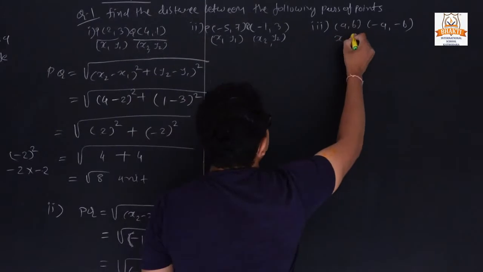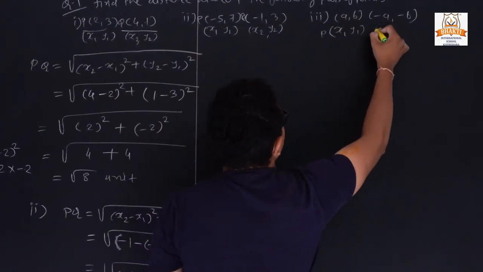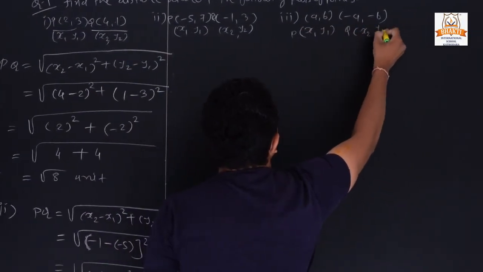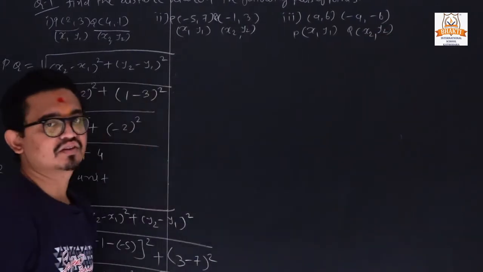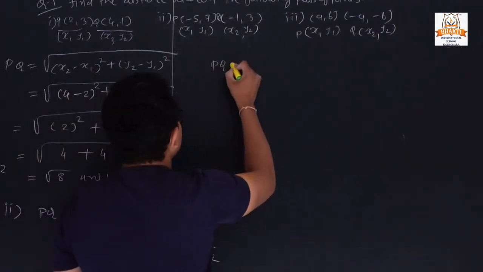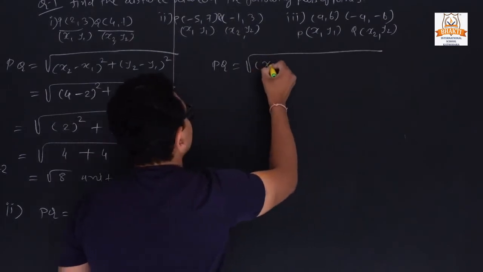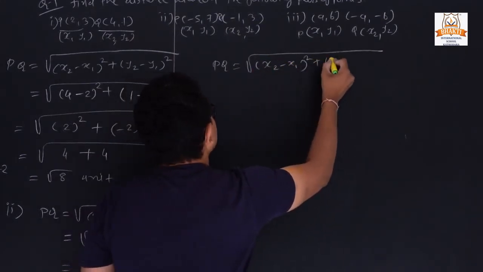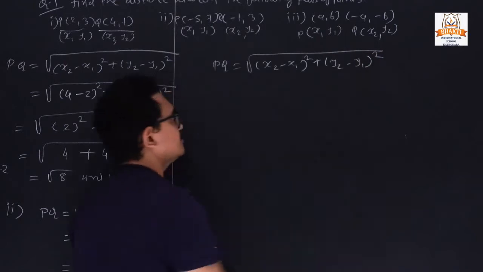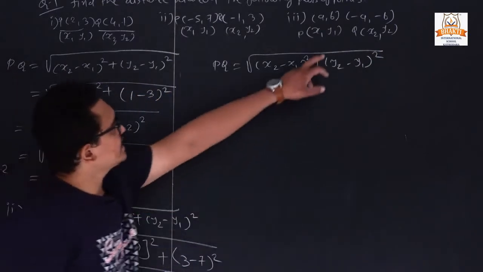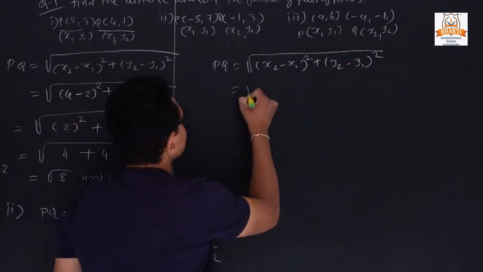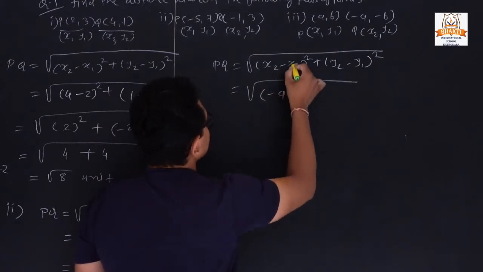Now question third. Once again we can declare it is x1, y1 and it is x2, y2. Now we are going to apply our distance formula, x2 minus x1 all square, y2 minus y1 all square. So what is x2? It is minus a. What is x1?